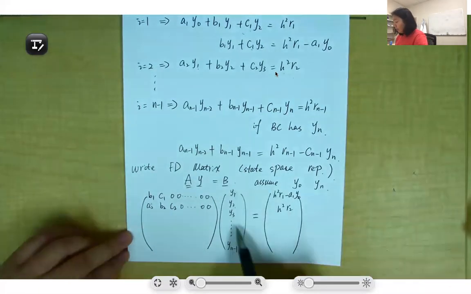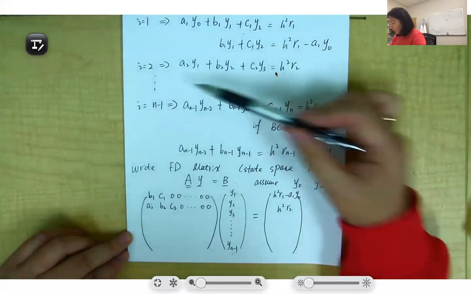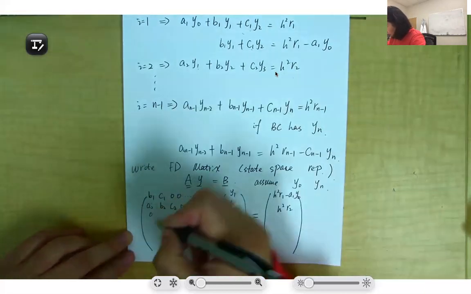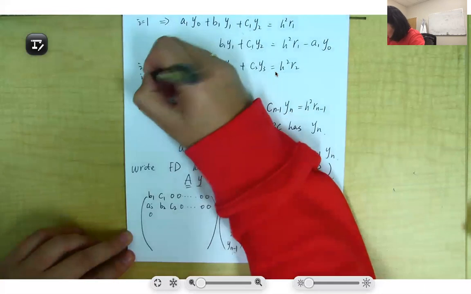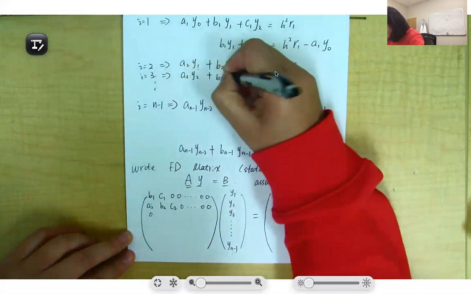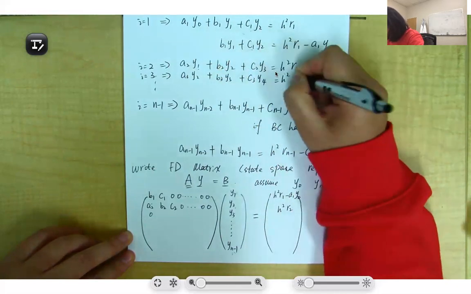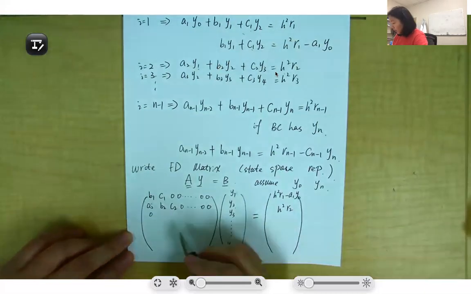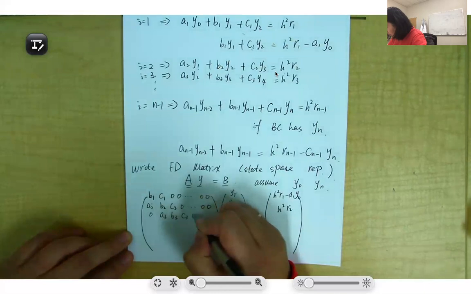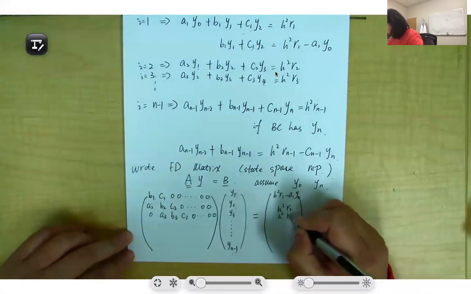Okay. Then for i equals 3, that will be a3 y2 plus b3 y3 plus c3 y4 equals h squared r3. Okay. So it will be 0, a3, b3, c3, 0, dot, dot, dot, 0, 0. And that will equal h squared r3.